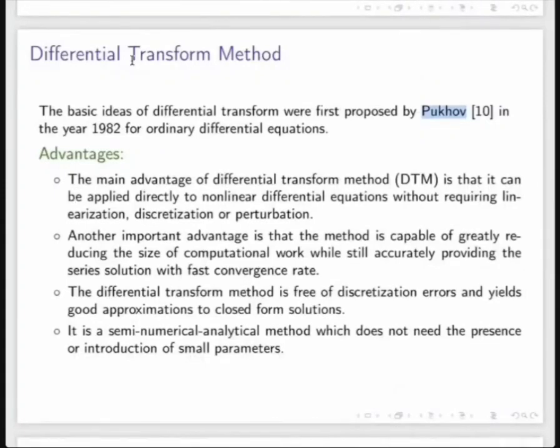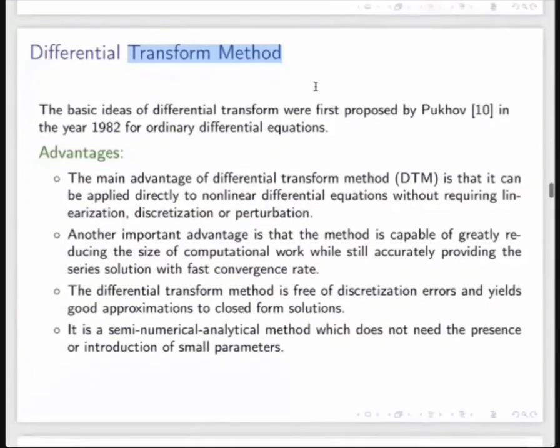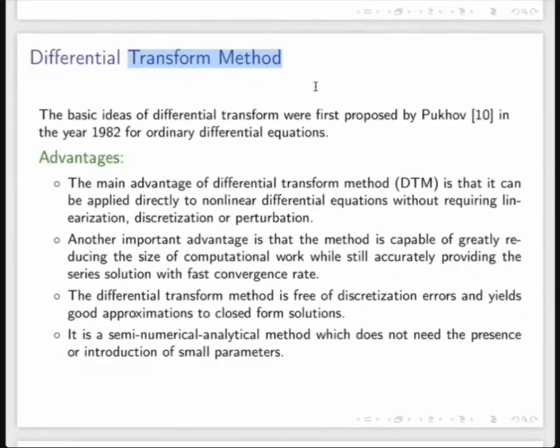It is one of the transform methods. So many of you who work in the engineering discipline or mathematics department will know the strength of a transform technique. A transform technique always converts a problem which is relatively difficult into a problem which can be handled easily.